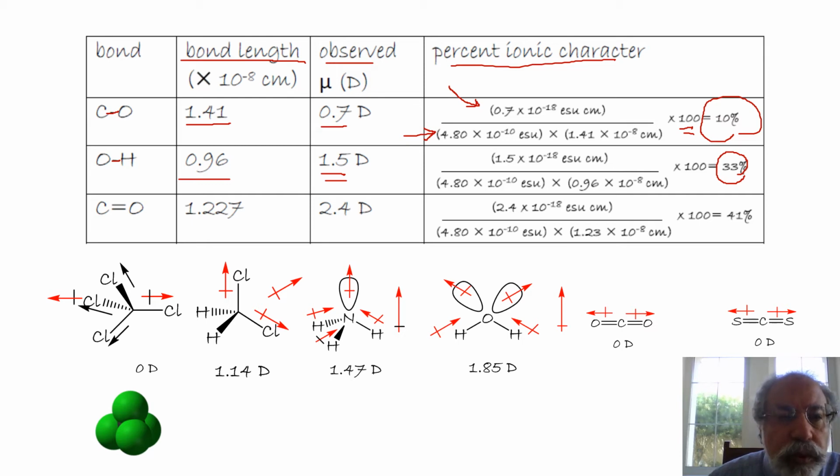C double bond O, which you know exists in a resonance structure, carbon single bond oxygen, negative on oxygen, positive on carbon. The bond length is 1.227, observed dipole moment 2.4, and it has 41% ionic character.